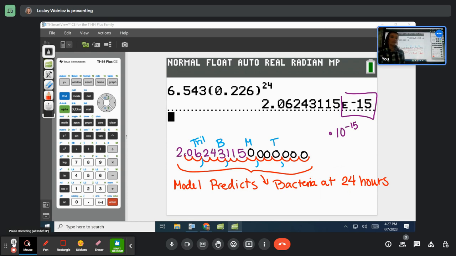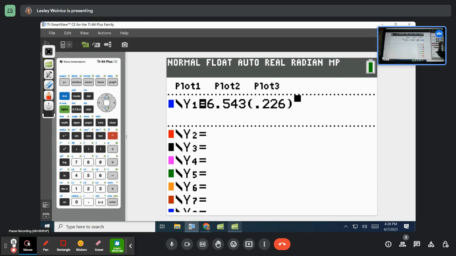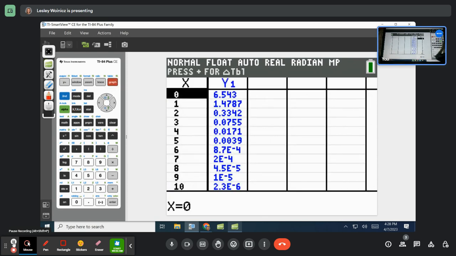Now, some of you guys have figured out that you can also put this in y equals. So if you did that, let me show you what happens. Go to y equals. And we can put in our equation 6.543 times 0.226 power caret x. And then I can go to my table and I can find where the x is 24.